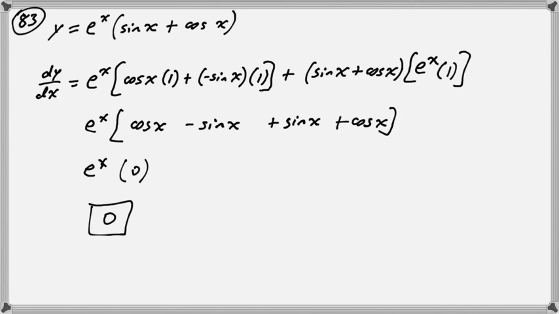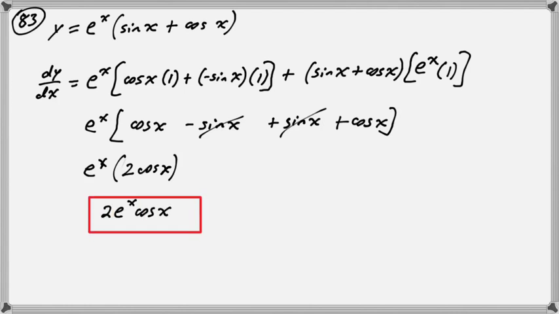Let me check my answer. Okay, I'm wrong because these drop off. Cosine x plus cosine x is what? 2 cosine x, and so my answer was this for the derivative.